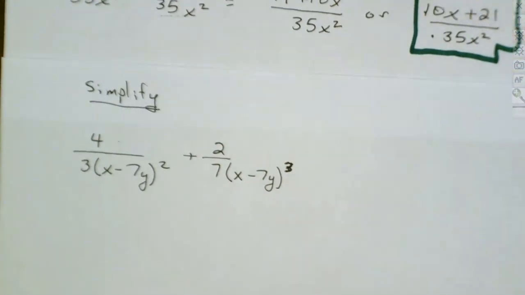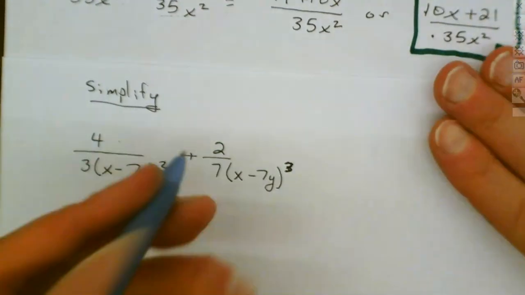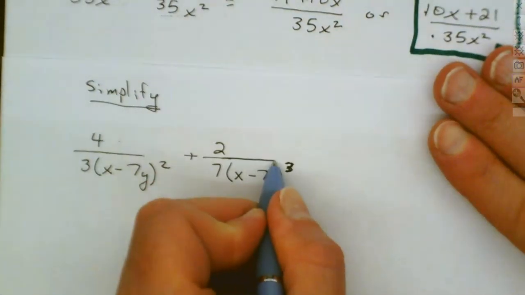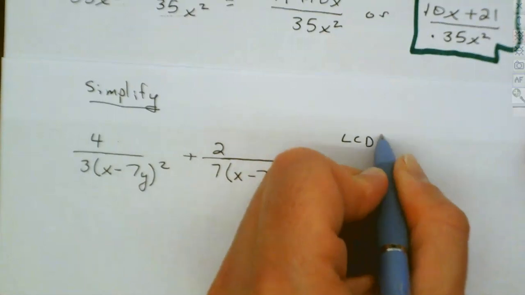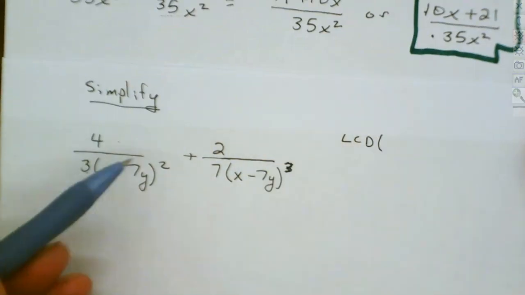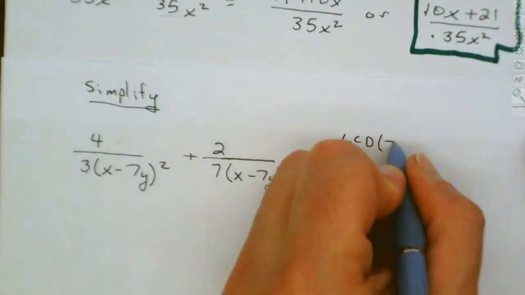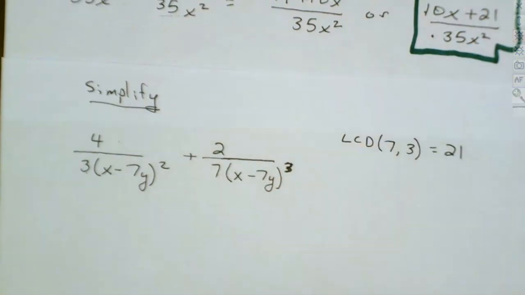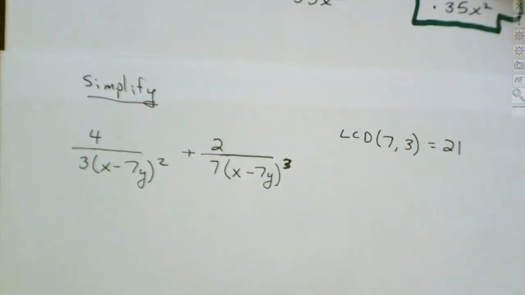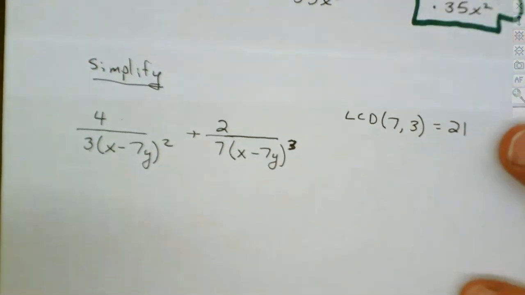Now again, directions are simplified. So what we're going to look at here is we're going to look at our denominators. And least common denominator, let's start with the numbers. What numbers are out front? 7 and 3. These have nothing in common. 7 times 3 is a 21. So number-wise, I'm going to make sure I get a 21.